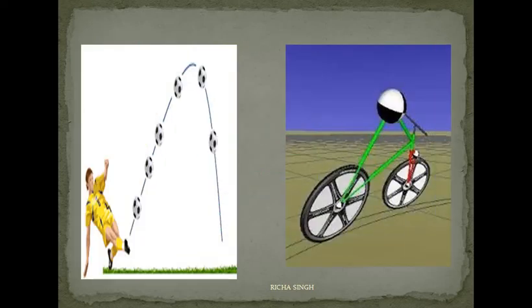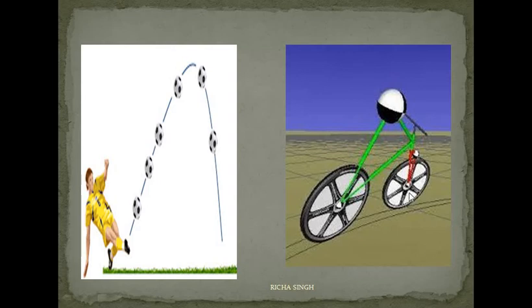So in these pictures you can see if a ball is kicked, after some time it reaches the ground. Why does this happen? Because the ball stops at the surface of the ground, and the surface of the ground is offering friction. Due to friction, the ball is stopped and it is lying on the ground.